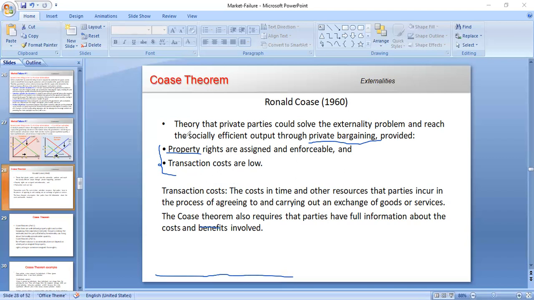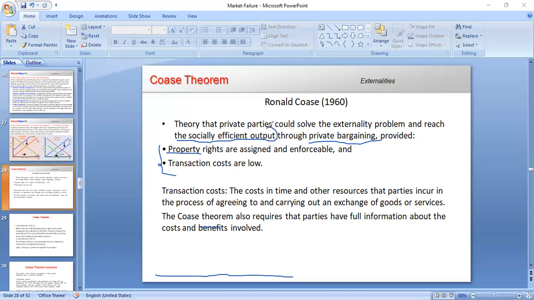As long as there were low transaction costs in the private bargaining, and property rights were assigned by the government and enforceable, the two parties experiencing a negative externality would solve this problem and come to a socially efficient output.